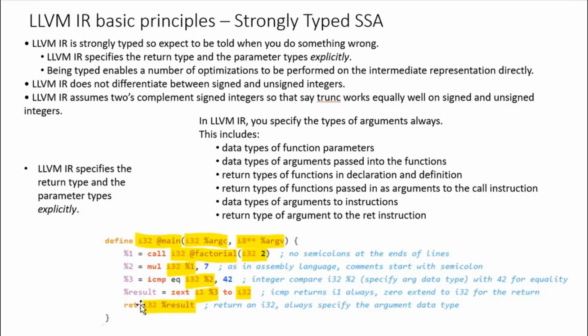And we specify the return type of the argument to the ret instruction, which has to match the return type in the definition. And we also specify the data types of arguments to instructions, such as this argument right here. All of them have explicit data types.